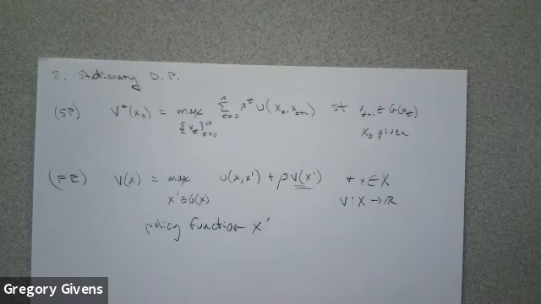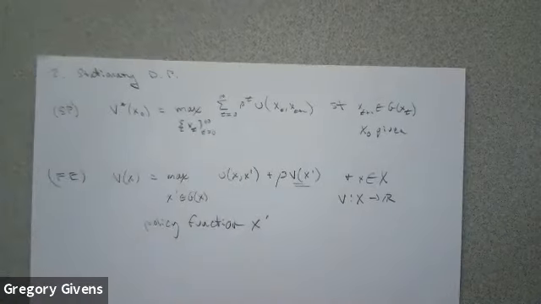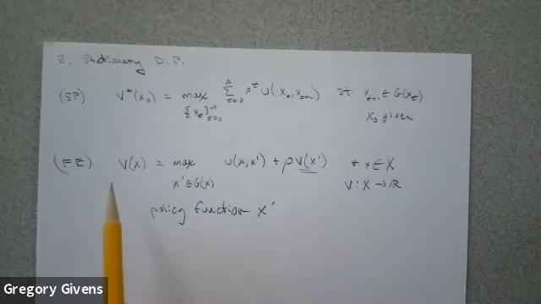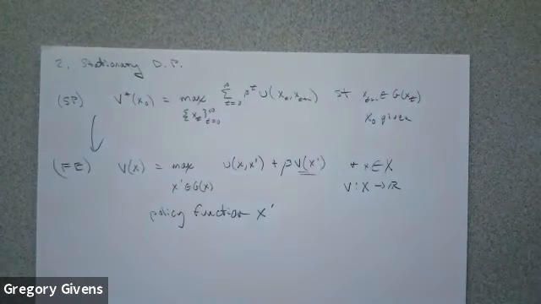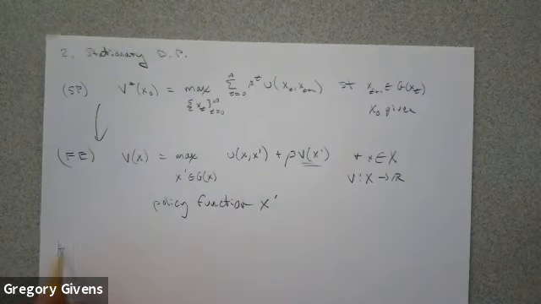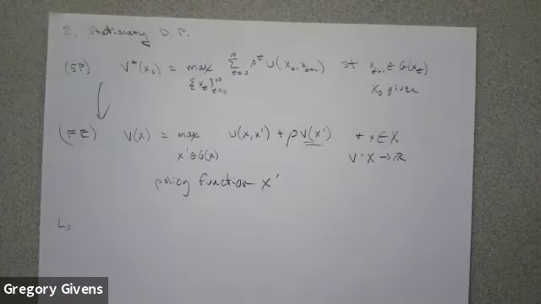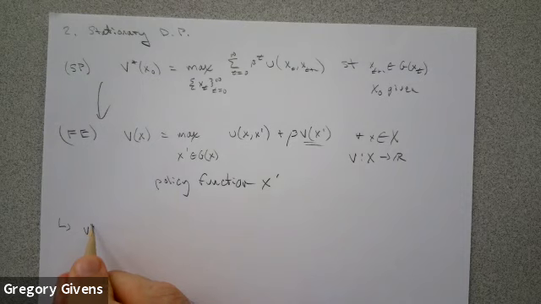Okay. All right. Hopefully this will clear up some more of the confusion. The form of this functional equation follows naturally from the sequence problem. Okay. Let's start with the sequence problem for a second. All right. Let's write out what V star of x0 should look like.